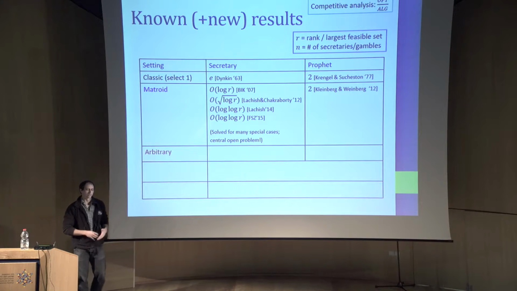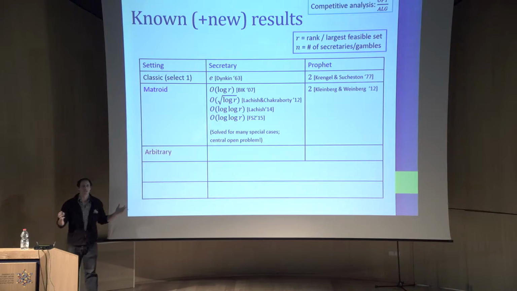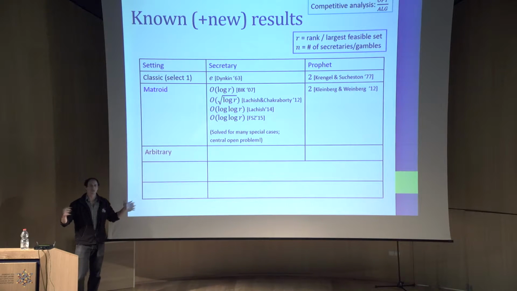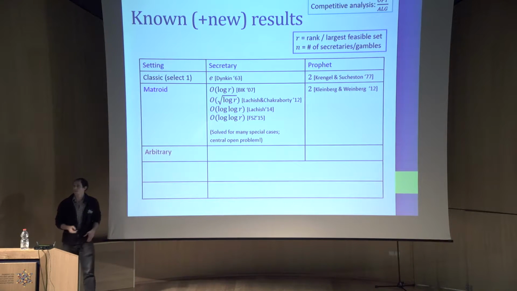So, I don't know what matroids are, so I want to talk about a general arbitrary feasibility constraint. Is that downward closed? In a second. You can imagine that you don't know what the range is.